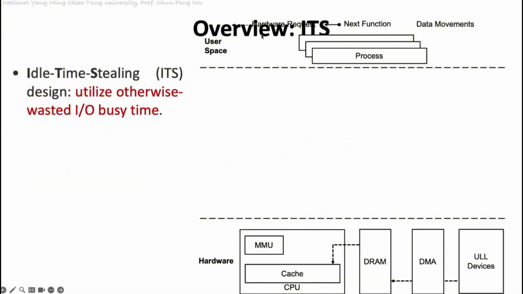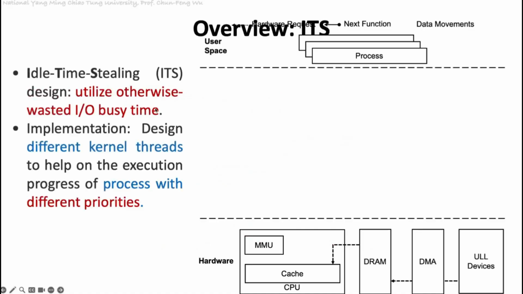Our design is called ITS, the idle time stealing design. The implementation detail is that we design different kernel threads to help the execution progress of processes with different priorities.